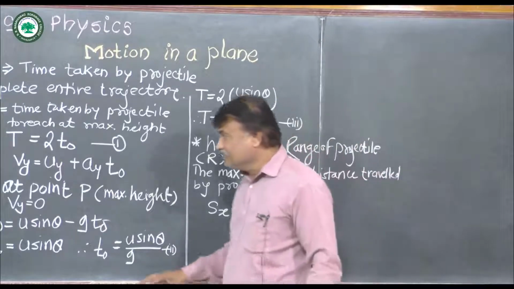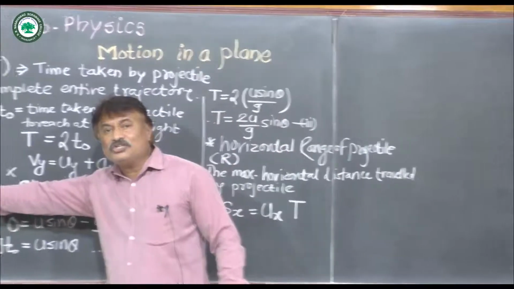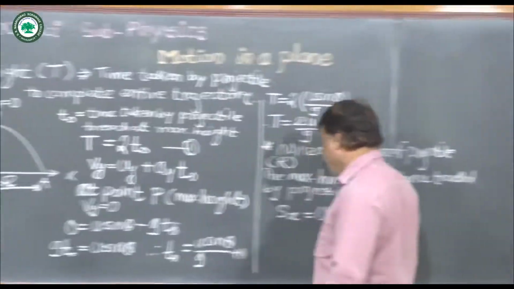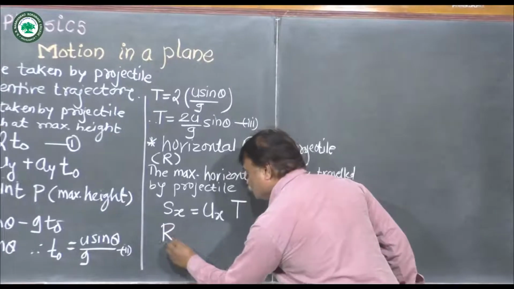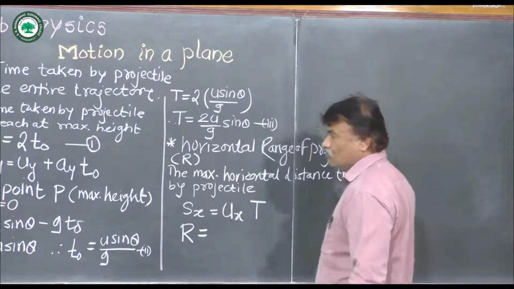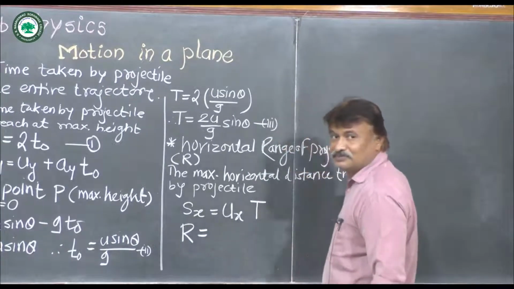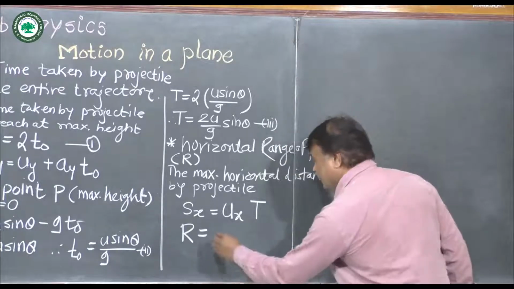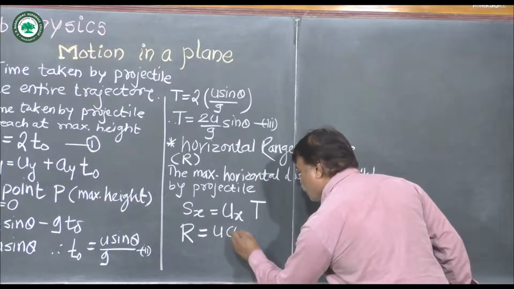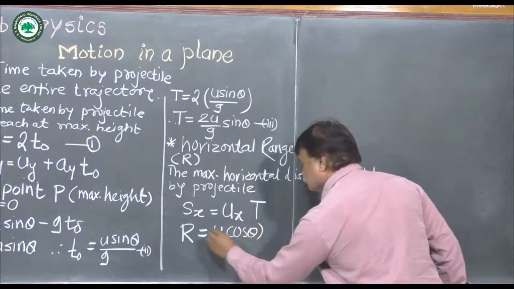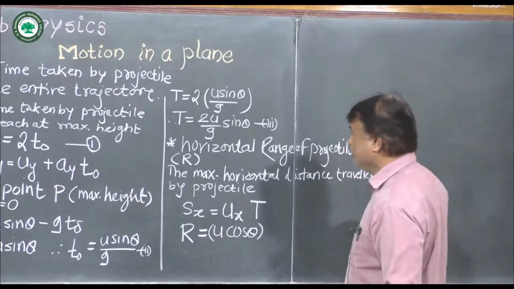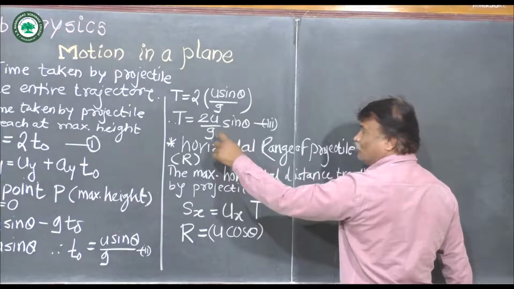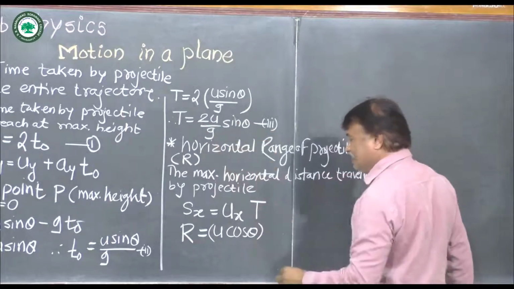In this case, this Sx is the horizontal distance, which is maximum and equal to capital R, and therefore we write R equal to ux, the horizontal component of initial velocity, which is u cos theta, into t.